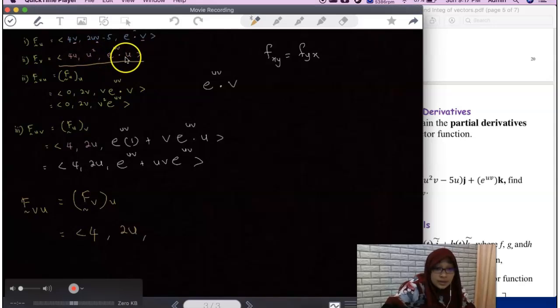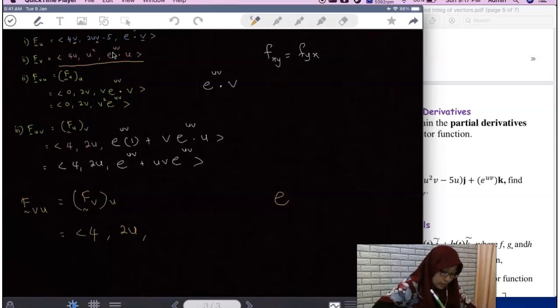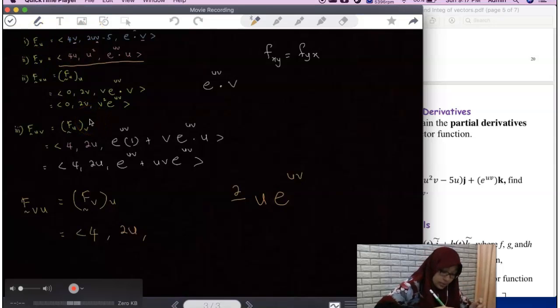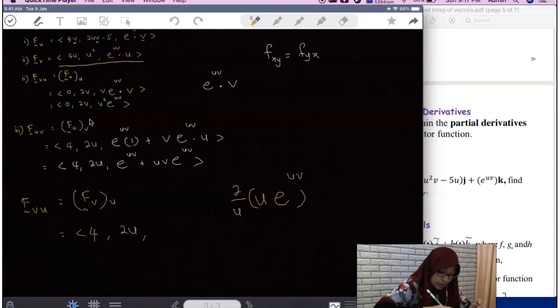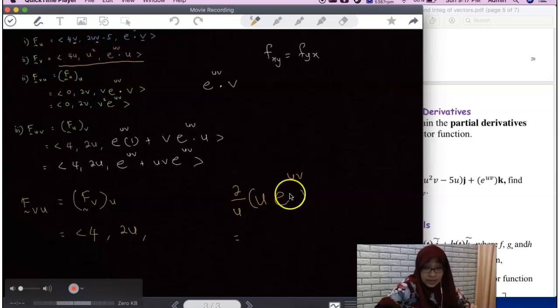And then this one you have, again, e^(uv), and I put u here, u e^(uv), and you have to differentiate that component with respect to u. You need to apply the product rule because you have the u inside the exponent and outside the exponent.